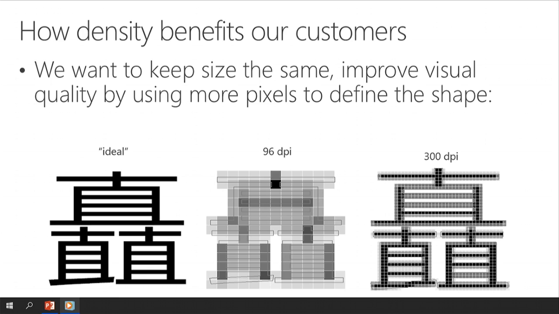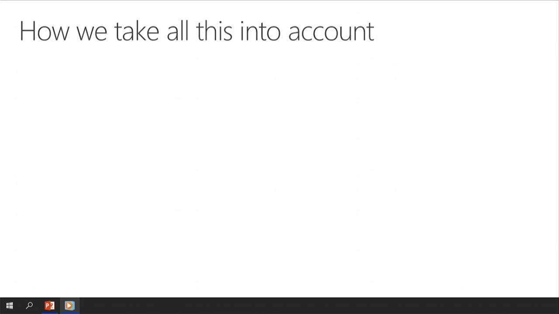And this just has to do with still not, even at 300 DPI, having enough resolution to actually describe this glyph perfectly. So we think there's actually quite a bit of headroom for DPI, particularly when dealing with these kinds of Far Eastern fonts and scripts.